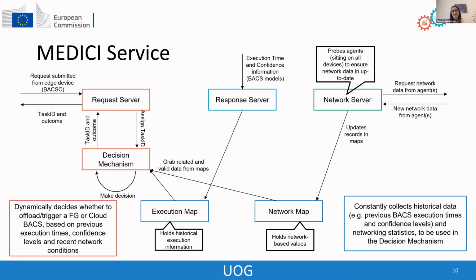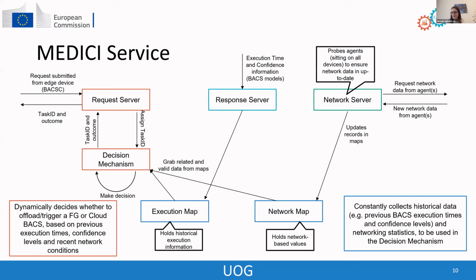And we also have some network servers that are constantly keeping information about the condition of the network by probing the network. So what MEDICI does is constantly collect historical data based on previous BACS execution times, confidence levels and networking statistics. And it uses all that to dynamically decide whether to offload or trigger a field gateway or a cloud model, and which one of those.